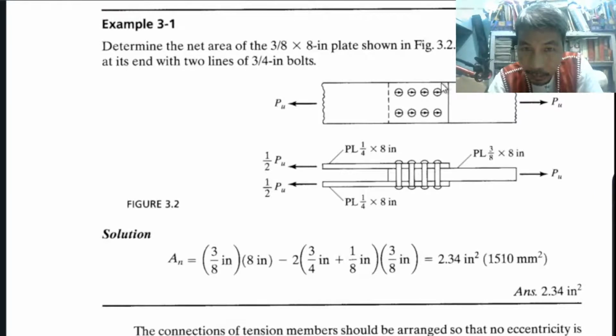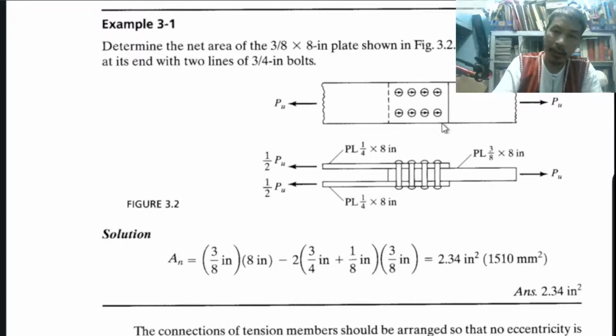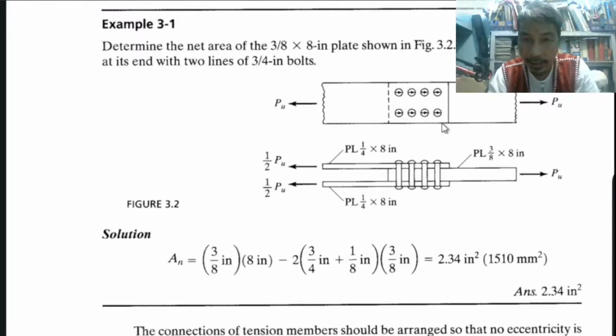Cracking or fracturing this material like this, from the edge going to the tip of the hole, and going here to the other tip of the hole and to the edge, that is not the weakest line.